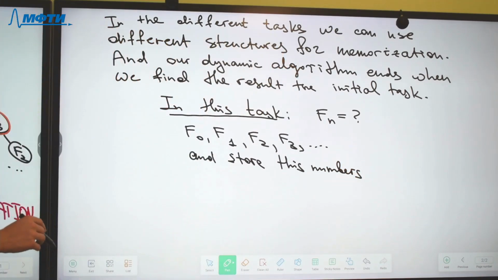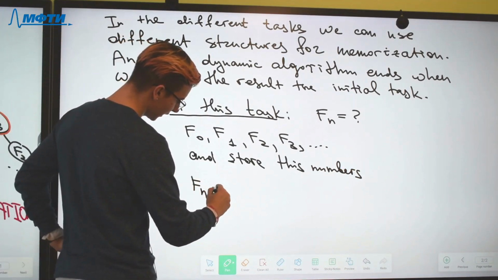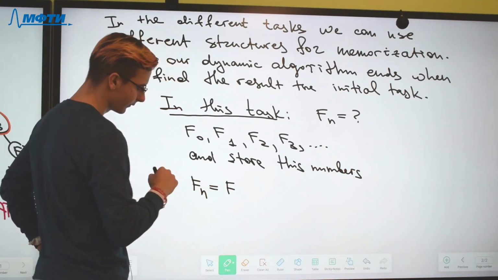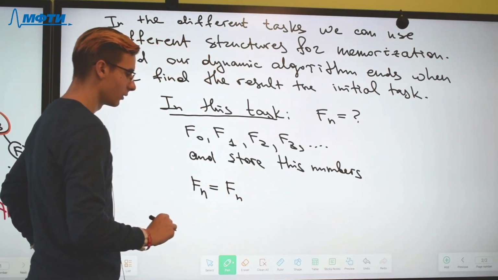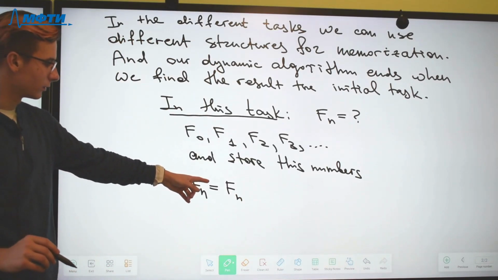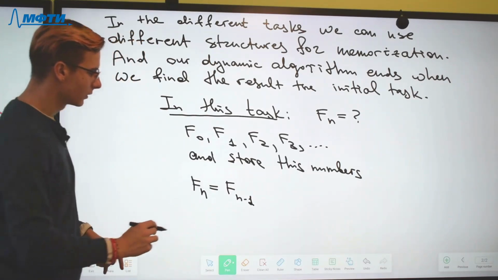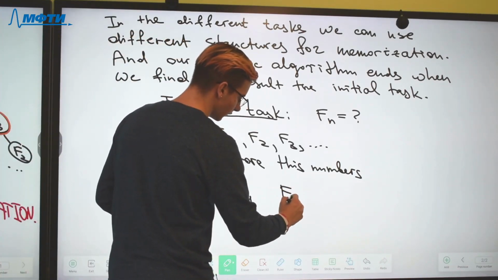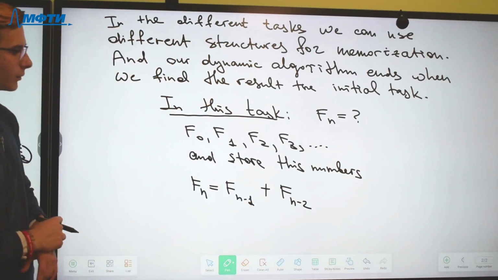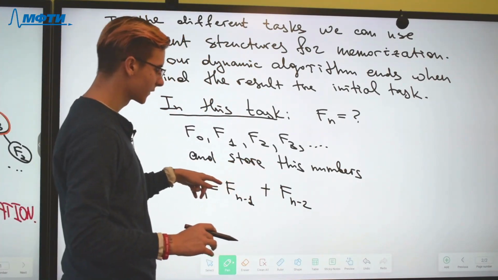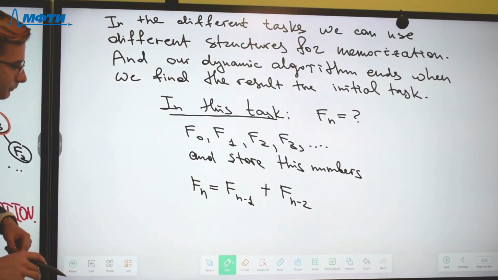So when we need to find Fn, f with index n, we can take number f with index n minus 1, repeat it for f with index n minus 2, and find the sum of these two numbers.